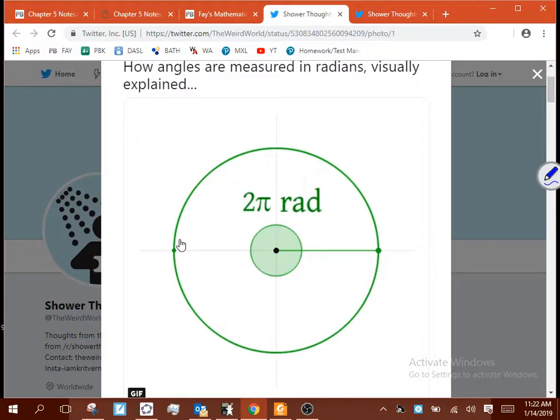If I asked you to visualize 3 pi over 2 radians, can you visualize that? It's a little bit harder, right? Guess what it's the same as? 270 degrees. So I'm going to ask you to start visualizing angle measurements not in degrees anymore, but in radians. Because it makes the algebra and the trigonometry processes that we use a lot more straightforward and a lot simpler to calculate, especially mental math-wise.